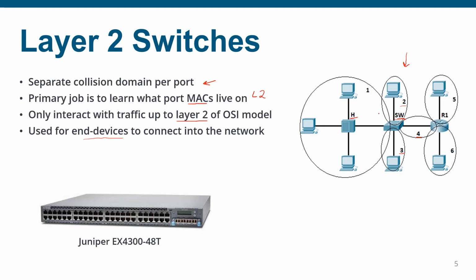Whereas switches separate each port into its own collision domain and will generally connect multiple ports into a single broadcast domain, allowing for more flexibility and much more efficient communication. That's a layer 2 switch.